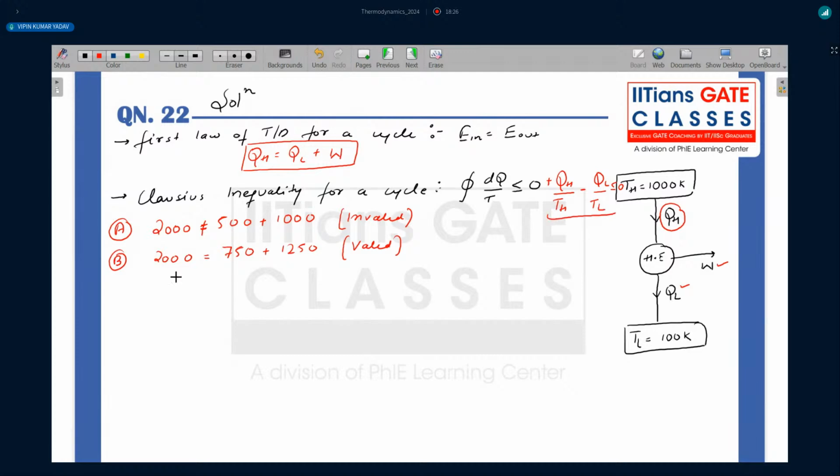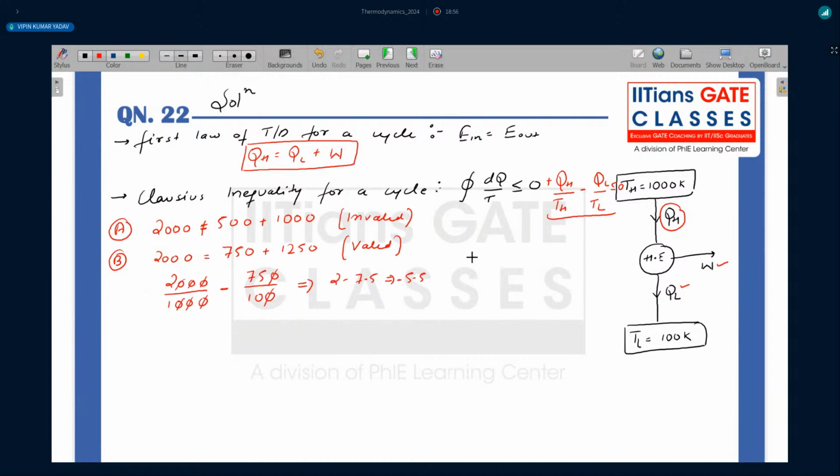How do I check this? QH, which is 2000, by higher temperature 1000, minus QL, which is 750, upon TL, which is 100. So this is 2 minus 7.5, which is minus 5.5.